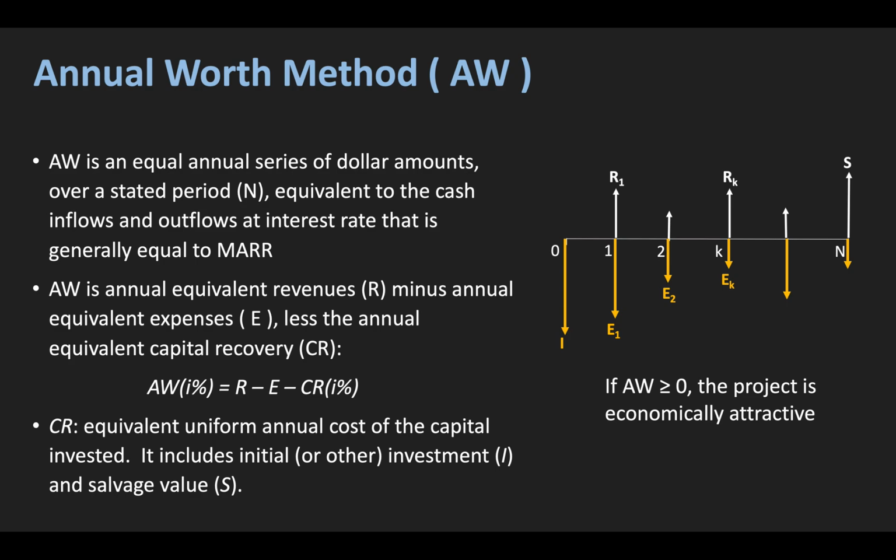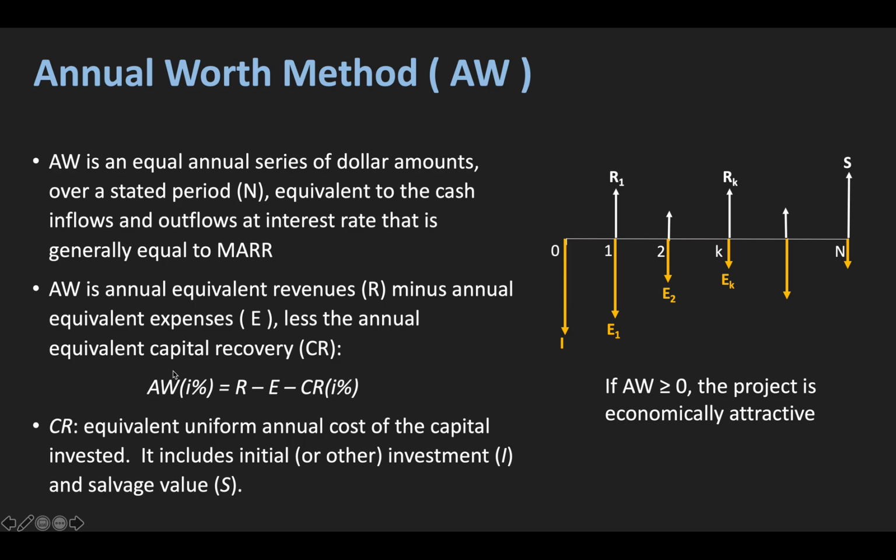So annual worth is the annual equivalent of revenues minus the annual equivalent of expenses. The revenue is R, the expense is E, and also less the annual equivalent capital recovery.